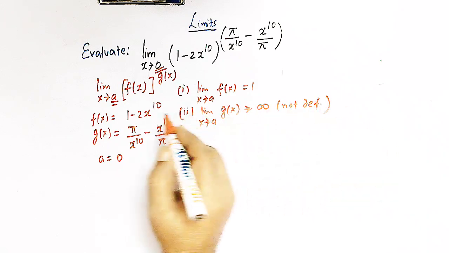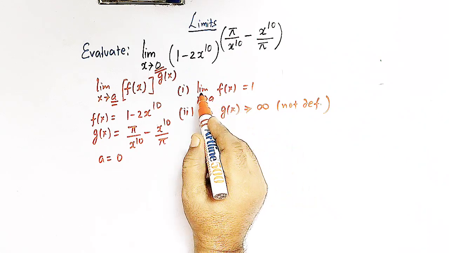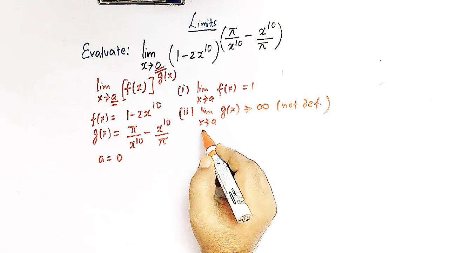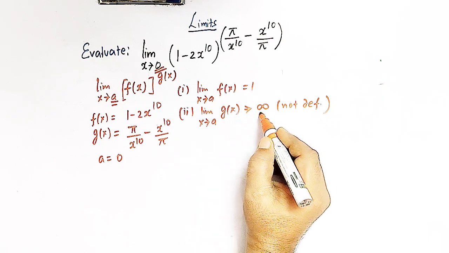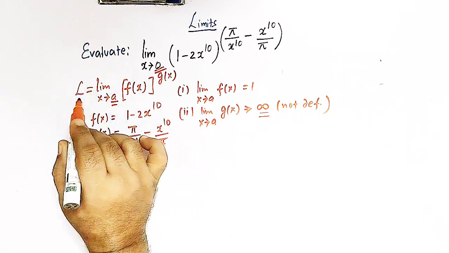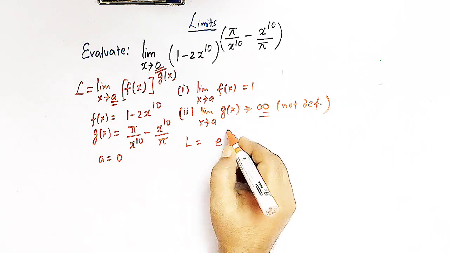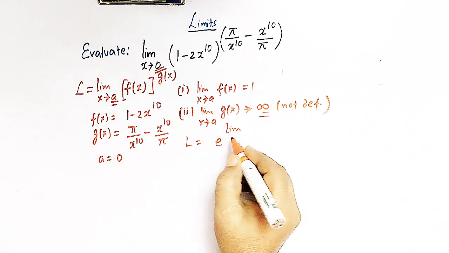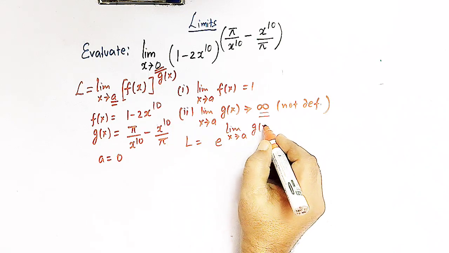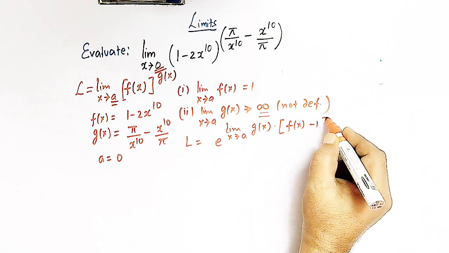So whenever we have this type of limit and these two conditions are satisfied, then the value of this limit, let us call this limit as L, can be given by this expression, that is e raised to limit x tends to a, and here we have g of x multiplied with f of x minus 1.